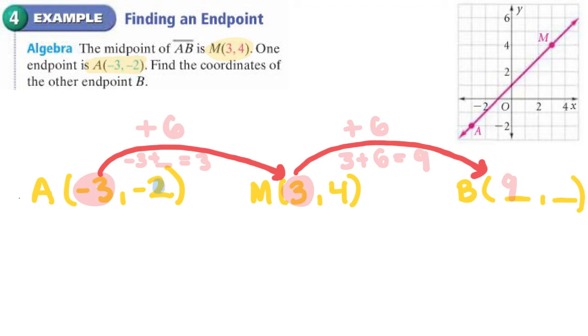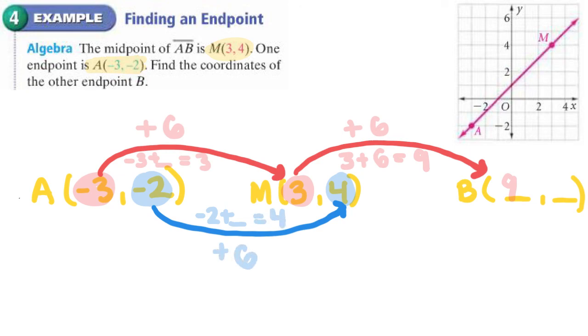For the second part of the problem, for y, I have my first y is negative 2, and my second y is 4. So I want to ask myself, what do I do to get from negative 2 to 4? So negative 2 plus what would give me 4? And if I think about it, coincidentally, you end up having to add 6 again.